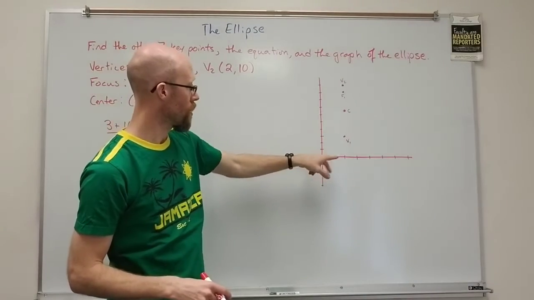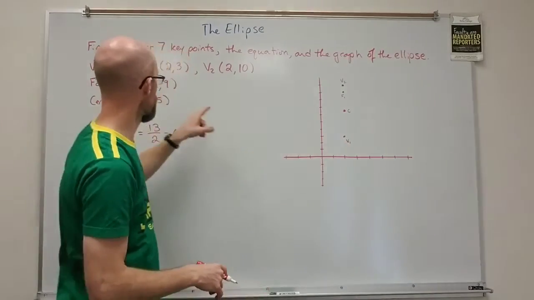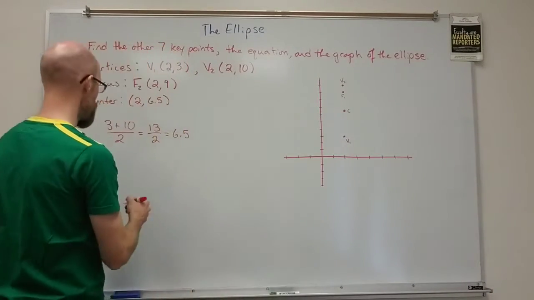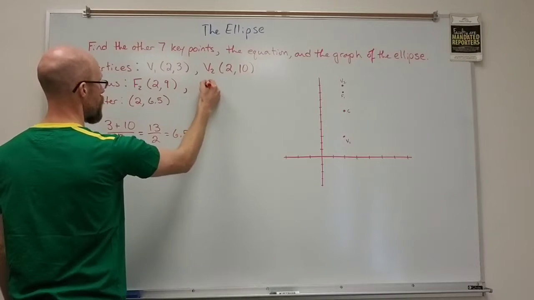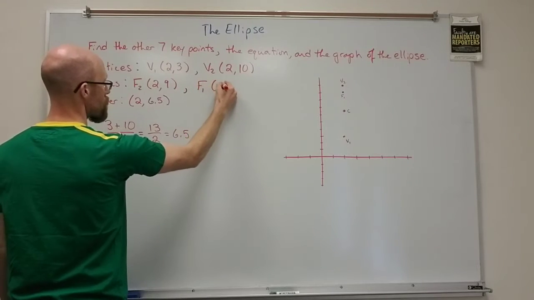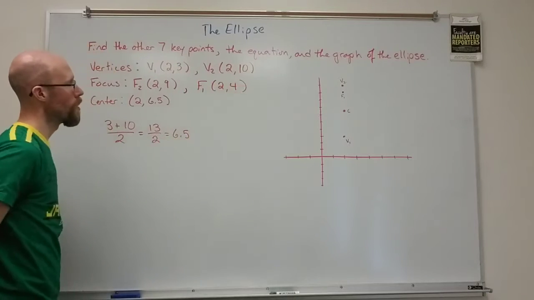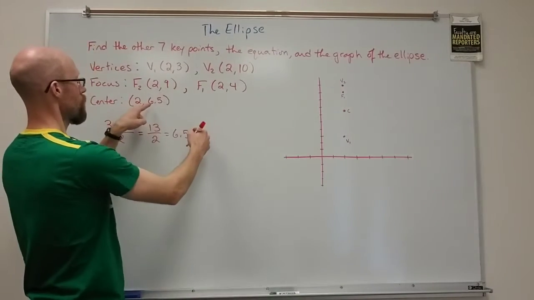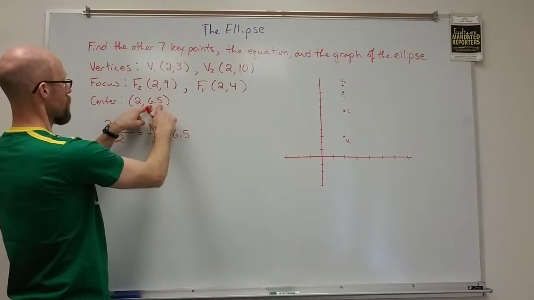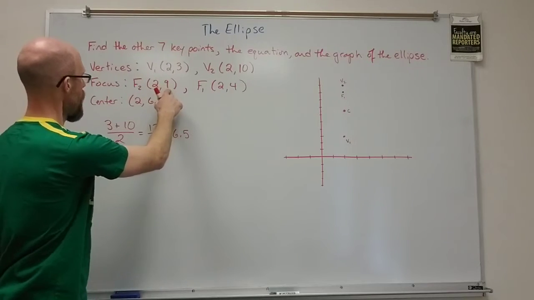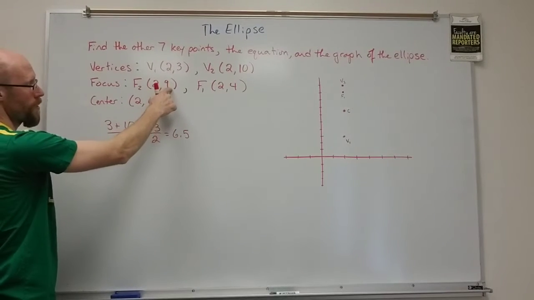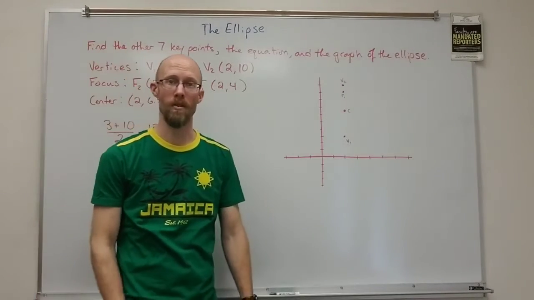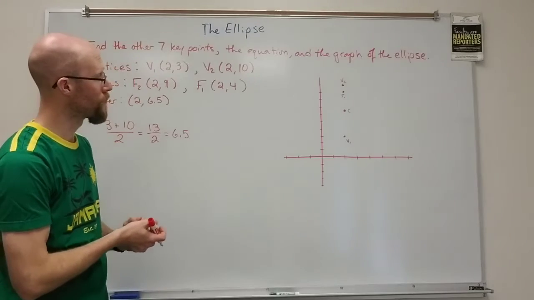And so if this vertex is at (2, 3), then I move 1 unit up, that should be at (2, 4). All right, so the other focus, F1, must be at (2, 4). And if I just check that quickly, the difference from 6.5, the center, to 9, the first focus, is 2.5. The distance from 4 to 6.5 is also 2.5. Okay, so that is consistent.